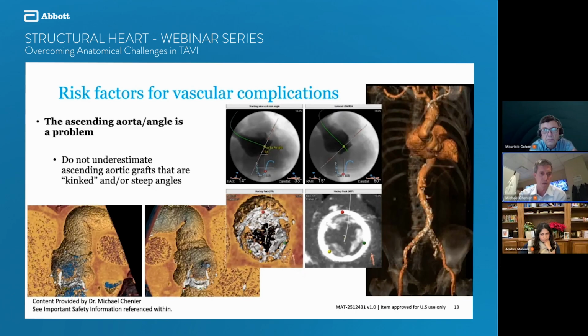It's a little small on the screen, but you can see the angle for the valve is quite steep. You can see this kink in the aortic graft. The aorta and the arch is very angulated. You've got two 90-degree bends. These are challenging cases. So how are we going to minimize this person's risk of vascular complications, but also ensure that we're delivering a TAVR valve inside this safely and effectively? Go next.